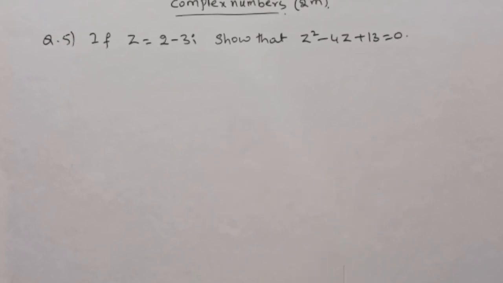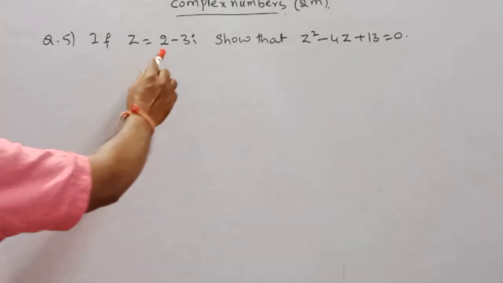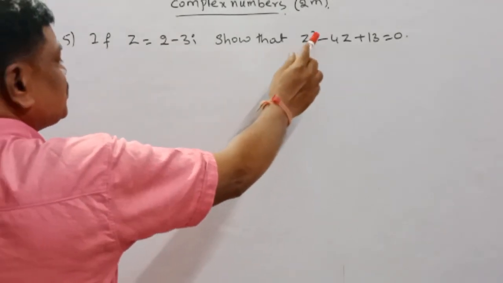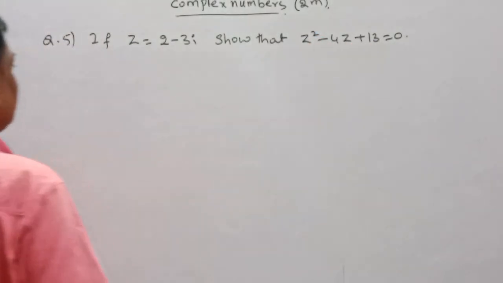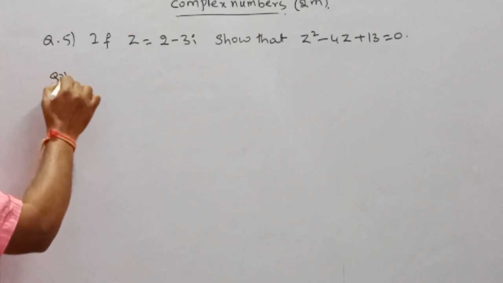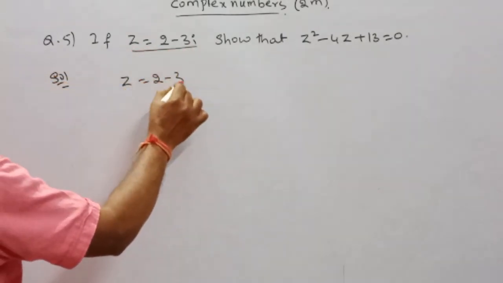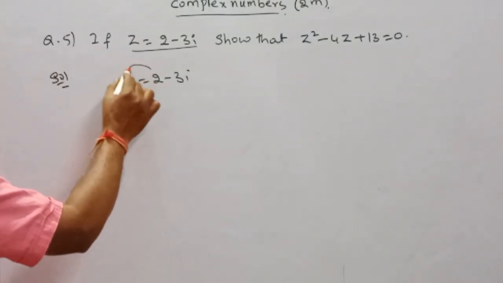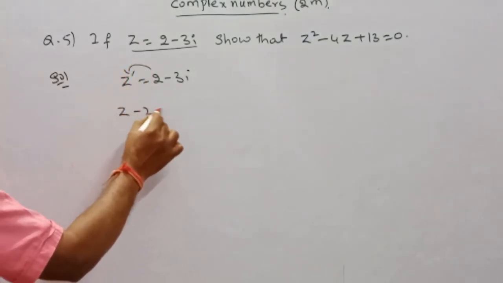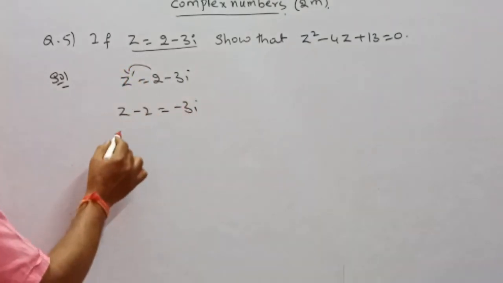Here we have a problem from complex numbers. If z is equal to 2 minus 3i, show that z square minus 4z plus 13 equal to 0. What is given here? Complex number z is equal to 2 minus 3i. Take 2 to this side: z minus 2 is equal to minus 3i.